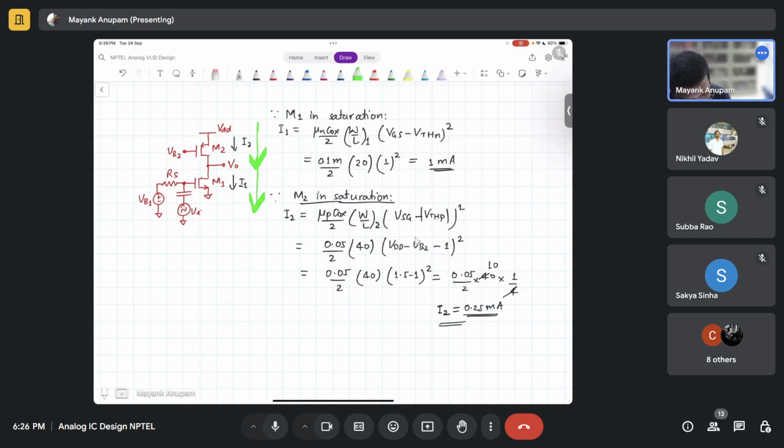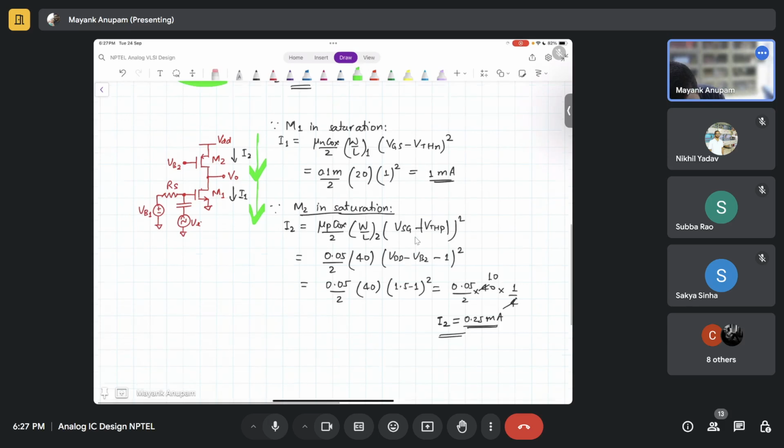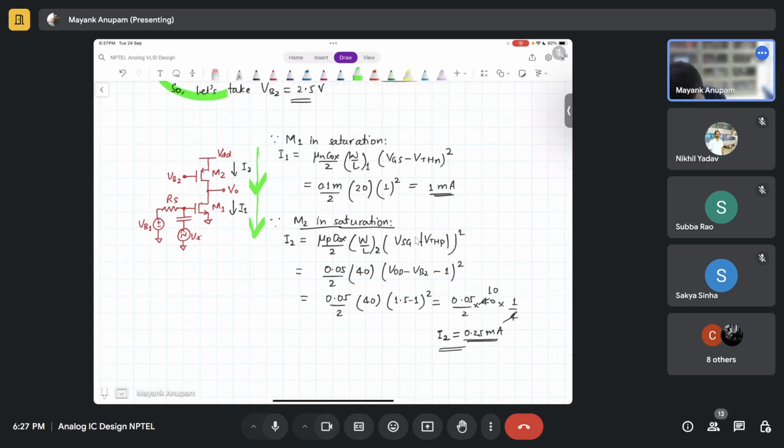So at the very core of it, from drain to source, how does it look like? I mean, it looks like it is a current source, isn't it? Between drain and source.